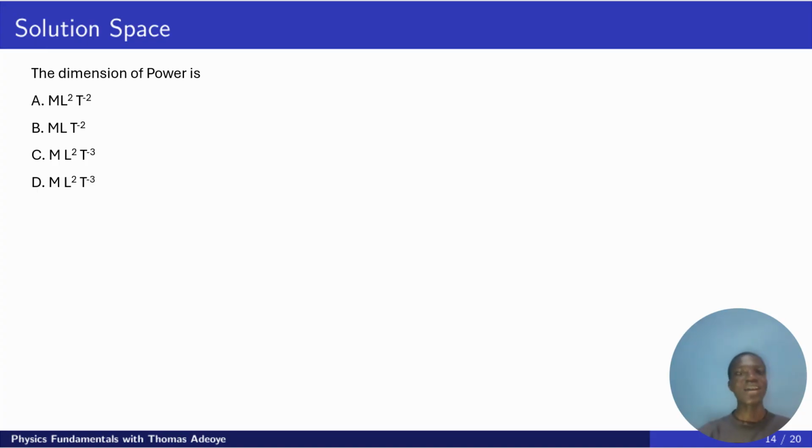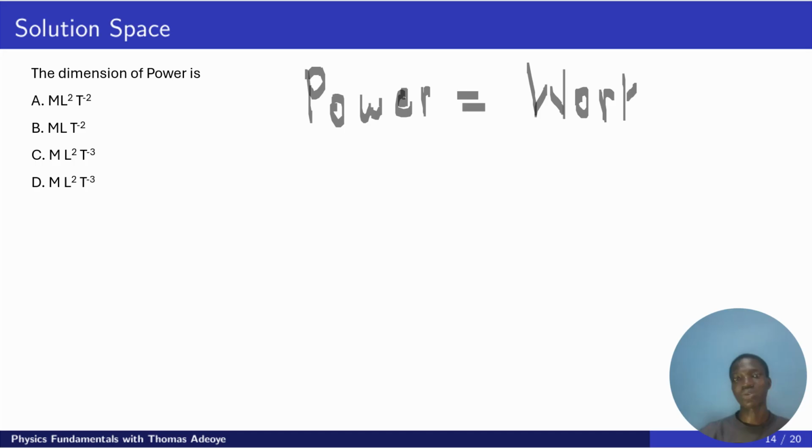Now you can find the formula. You can say it's energy over time, or work over time. You can use any of them, but I want to use work over time to know the dimension of power.